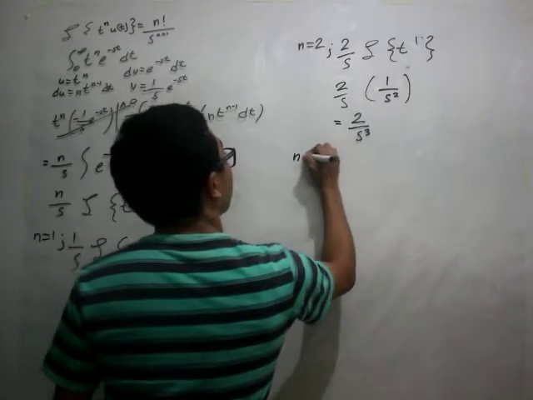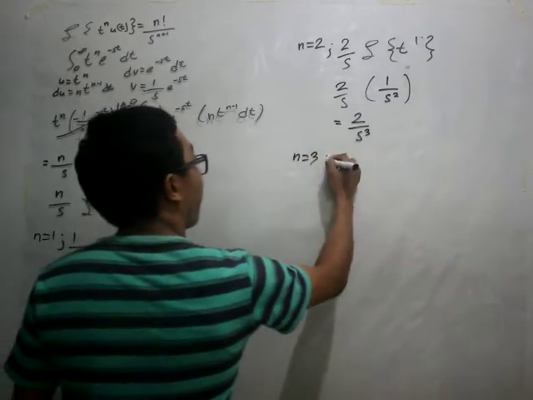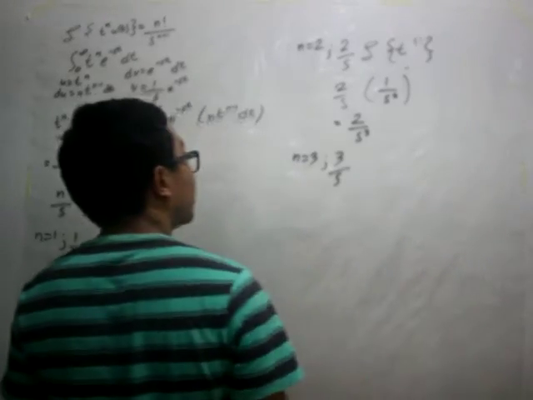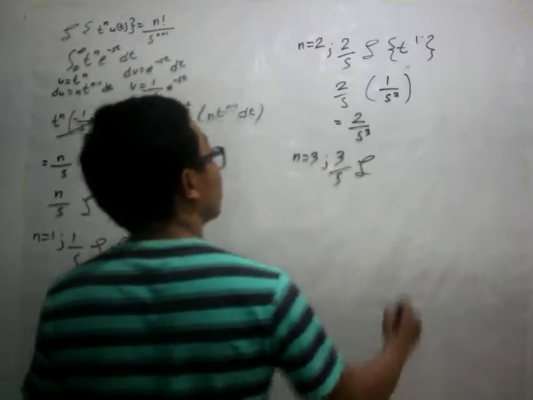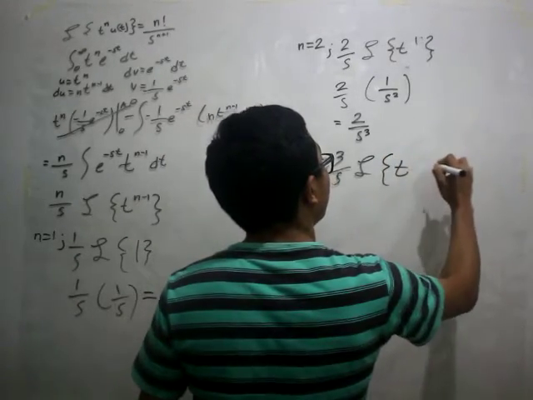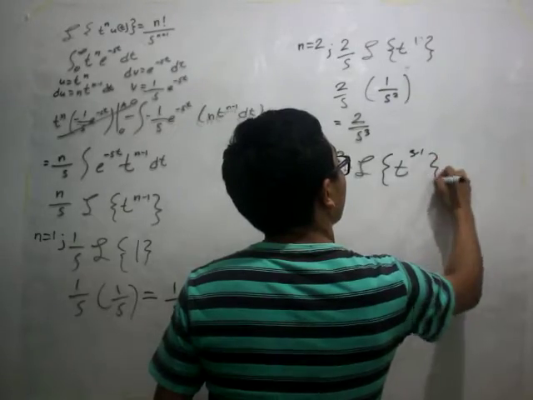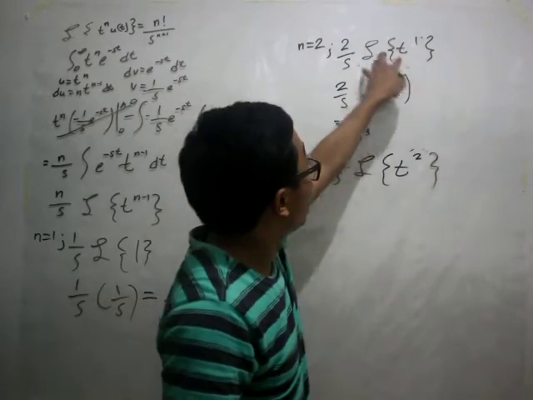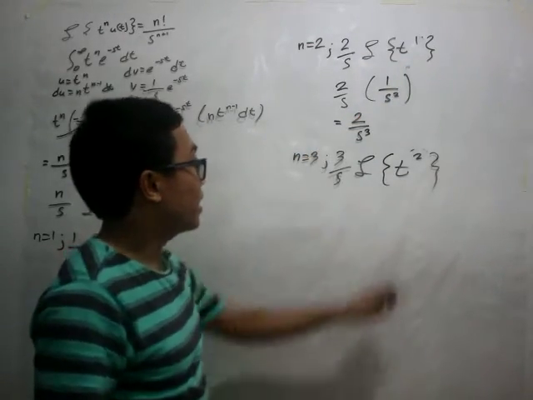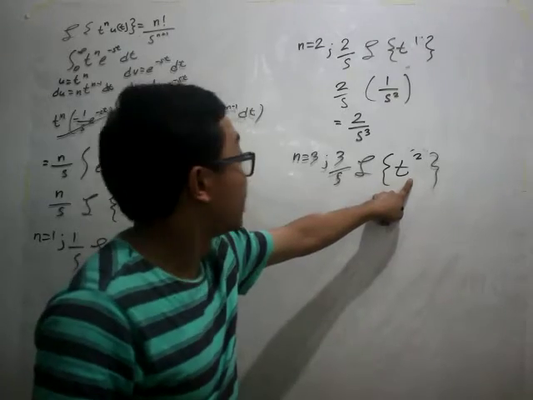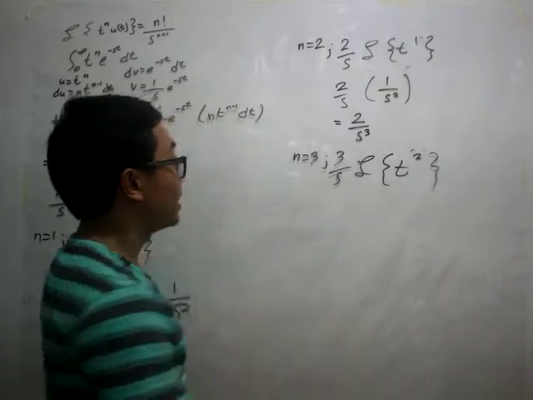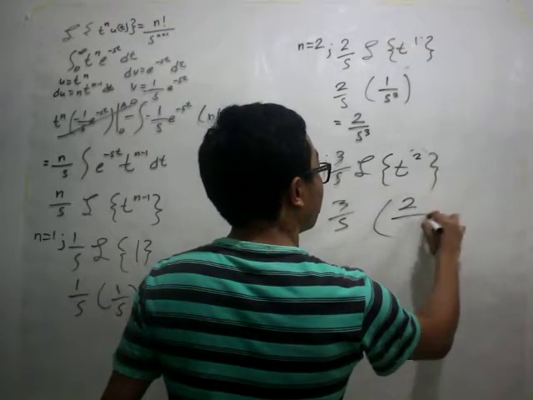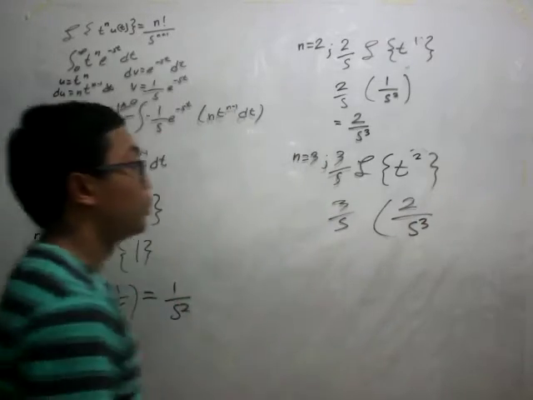Now, for n equal to 3: 3 over s times the Laplace of t raised to 3 minus 1, which is 2. If t raised to 1 has Laplace 1 over s squared, then t squared has Laplace 2 over s cubed.